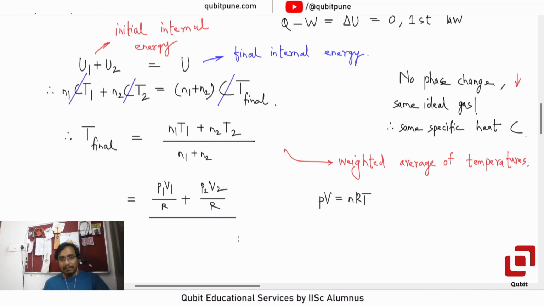N1 will be P1 V1 by R T1. N2 will similarly be P2 V2 by R T2. So P1 V1 by R T1 plus P2 V2 by R T2.